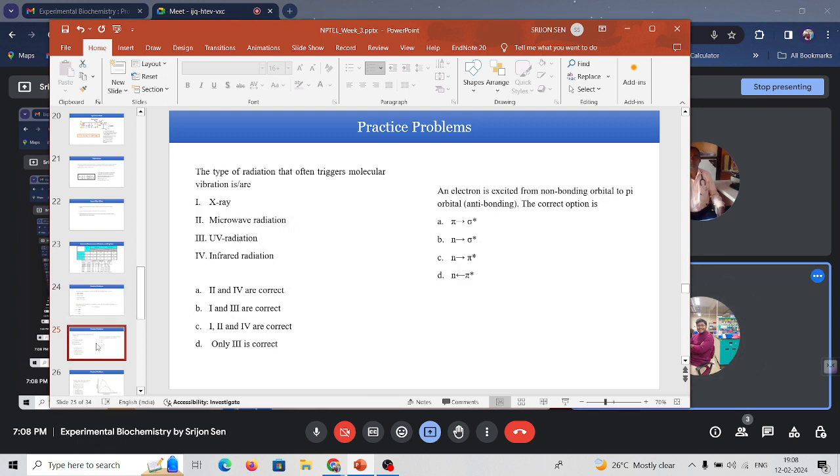The next one. The question says: the type of radiation that often triggers molecular vibration.